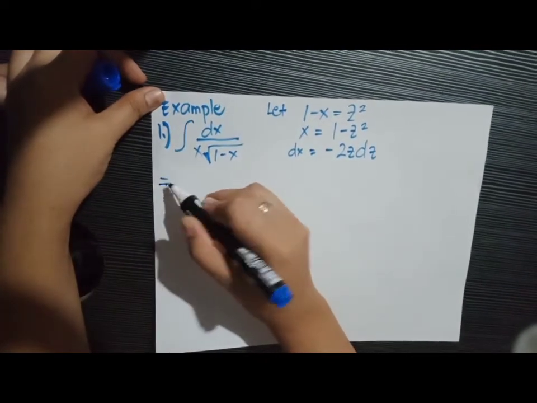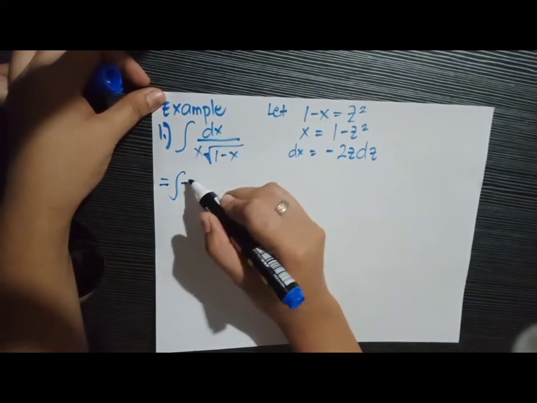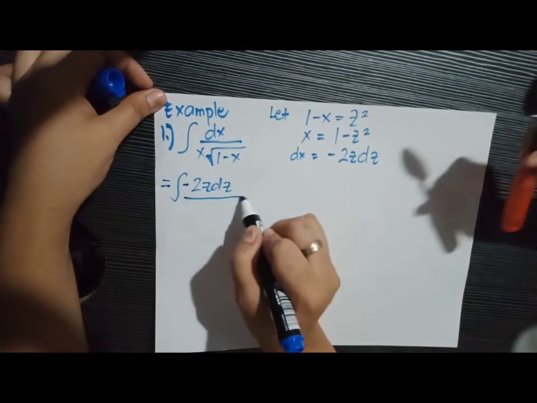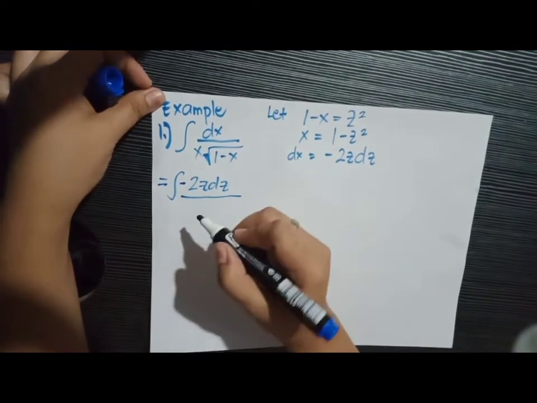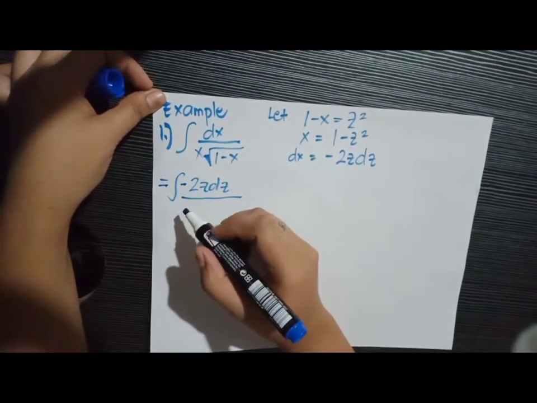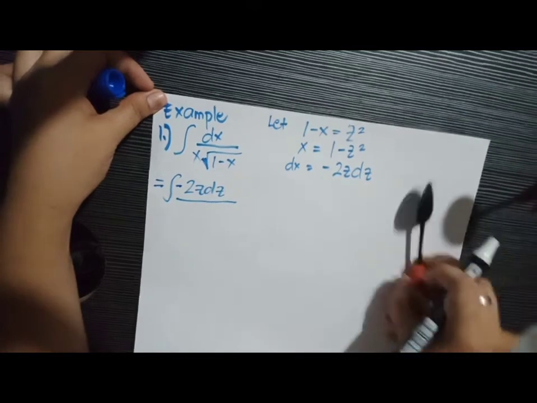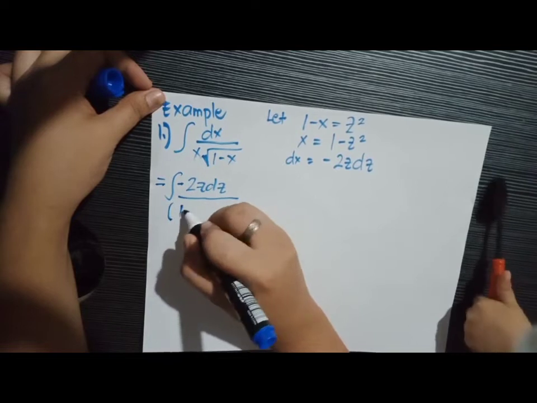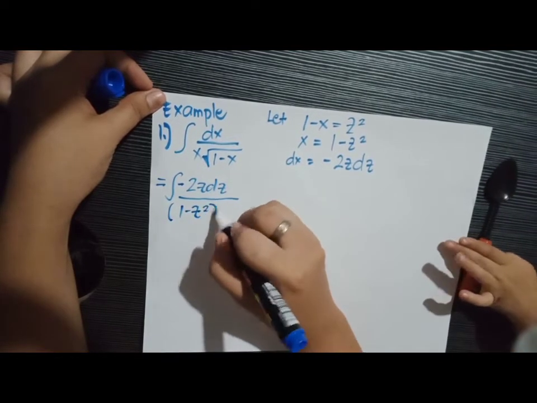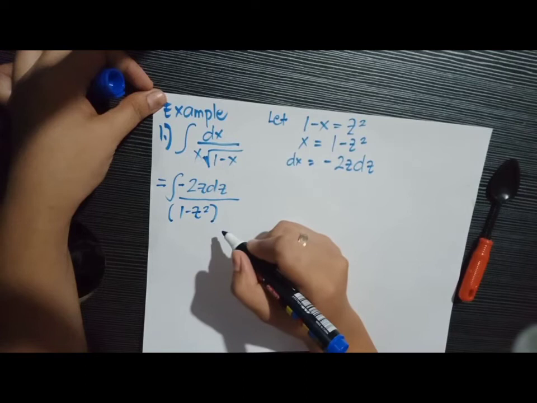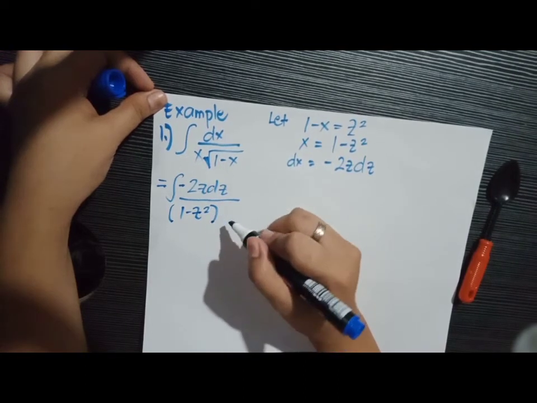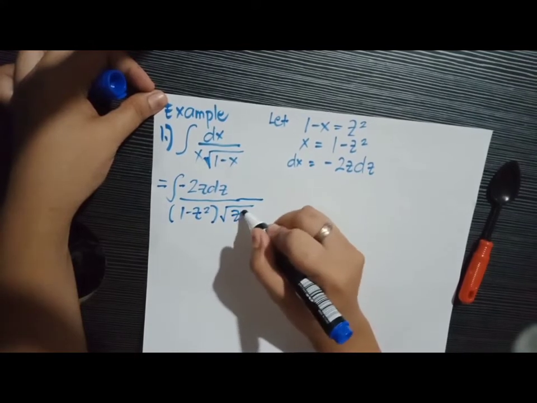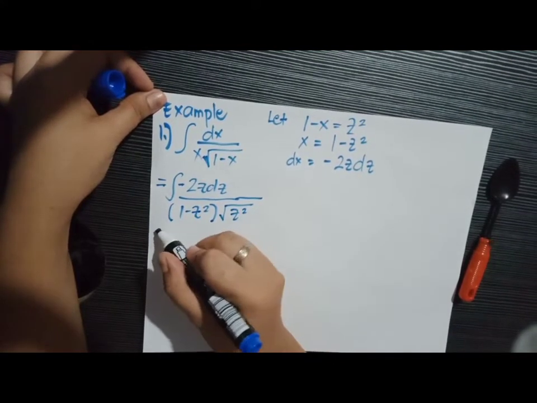Therefore, substituting in the integral, we have negative 2z dz over the value of x, that is 1 minus z squared, times the square root of z squared.